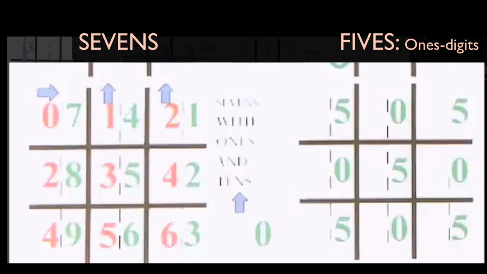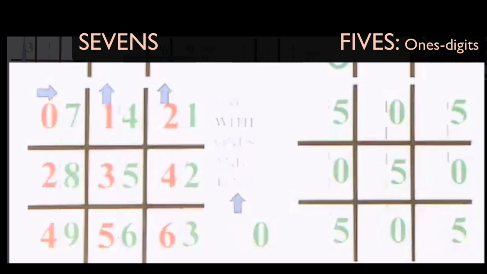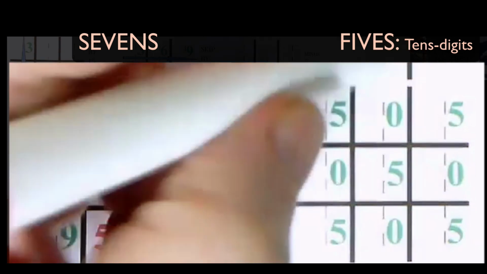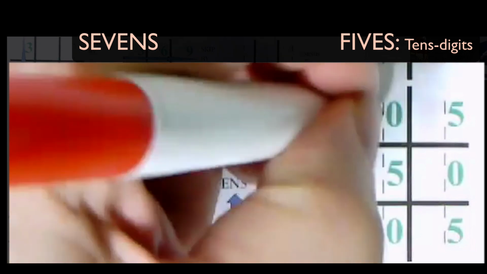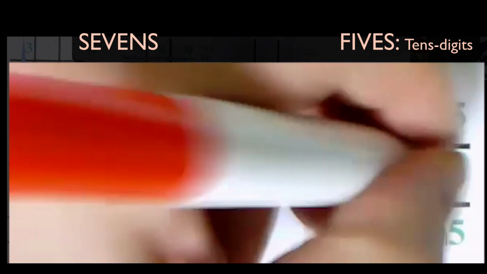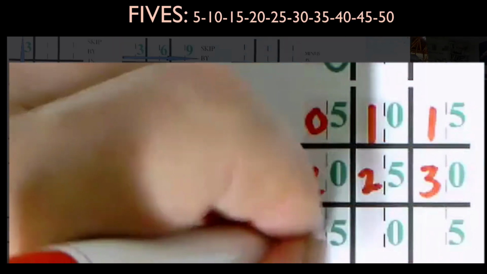Okay? And to create those, let's use our tens here. We would just do 0, 1, 1, 2, 2, 3, 3, 4, 4, 5.